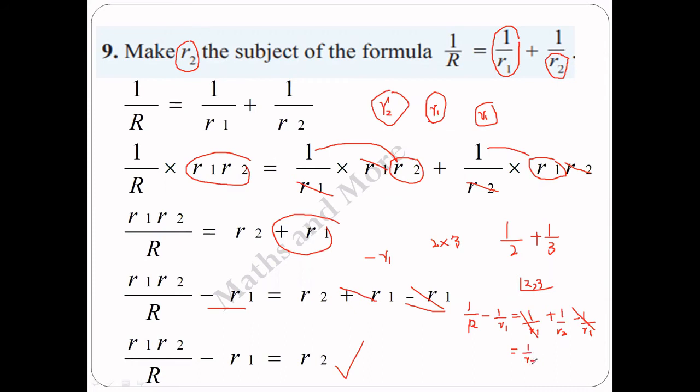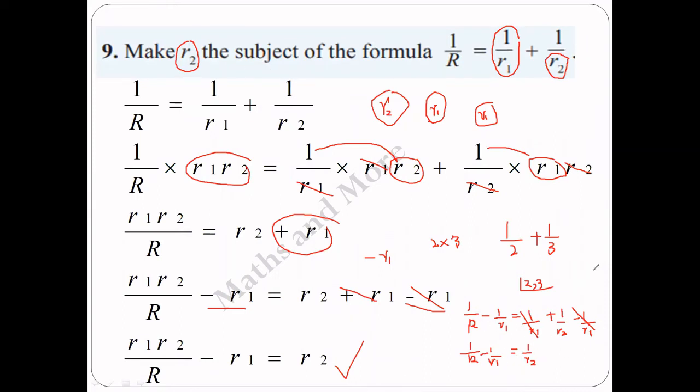In the left hand side, 1 over R minus 1 over R1. Capital R. Now, this is not the answer because R2 should be the subject, but here 1 over R2 is there. Still R2 in the denominator. You have to write it as R2.